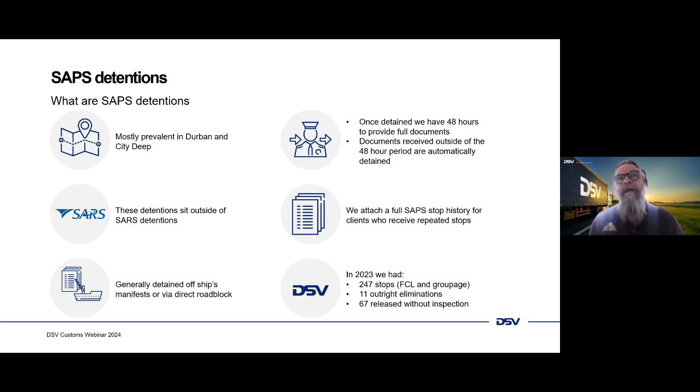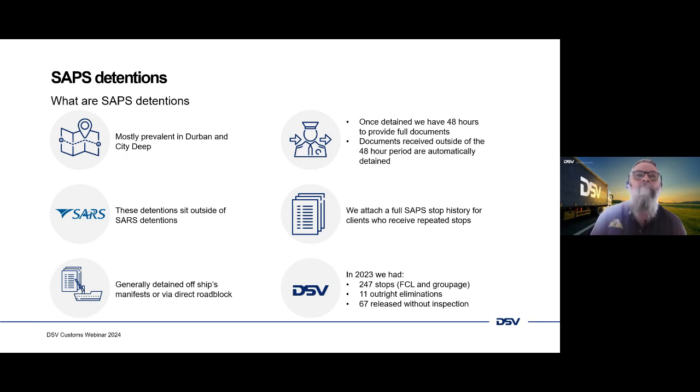We find their activities mostly confined to the Port of Durban, and to a lesser extent the Heidelberg Weighbridge and City Deep itself. They generally enforce their detentions either through manifest targeting or by direct roadblock.